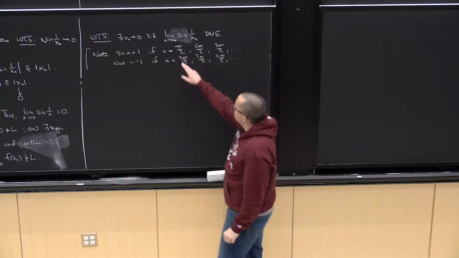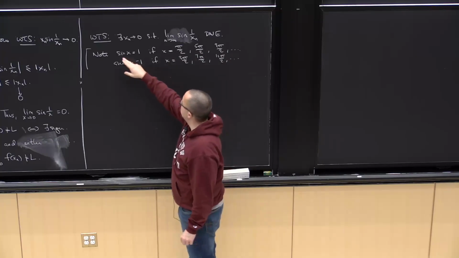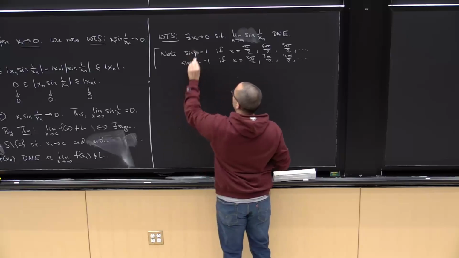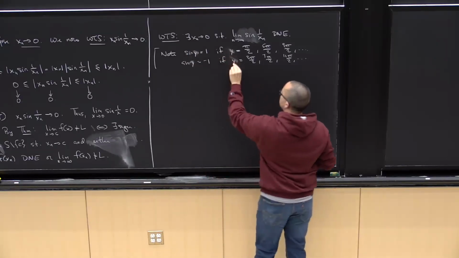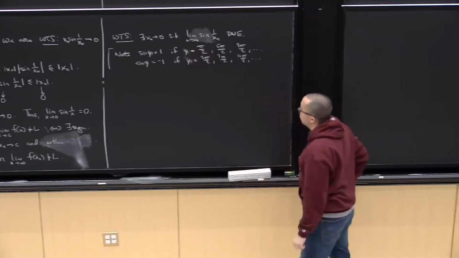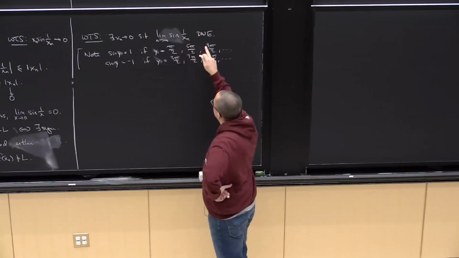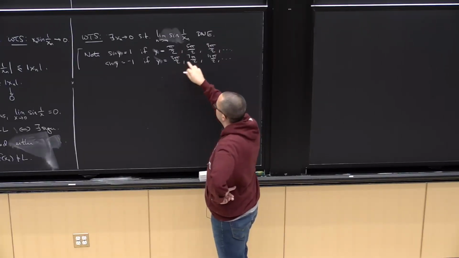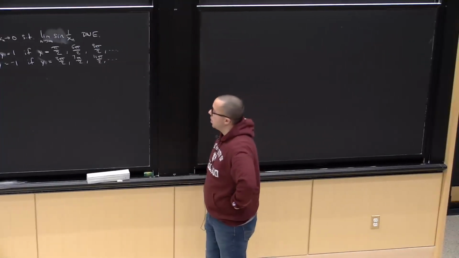So I can stick in things that are getting bigger to sine and get 1 or minus 1. And in fact, let me change this to y since we're using x to be essentially 1 over y. Okay? So if I stick in pi over 2, 5 pi over 2, 9 pi over 2, and so on, I get sine equals 1. If it's 3 pi over 2, 7 pi over 2, 11 pi over 2, and I stick that into sine, I get minus 1.